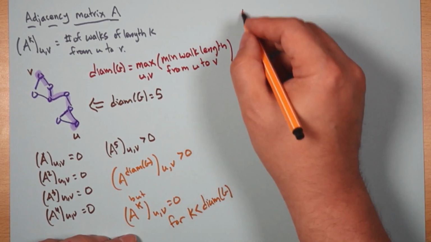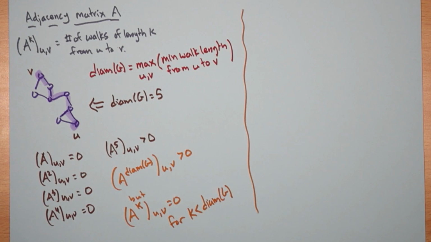Here I'm assuming u and v are maximally far apart. So in essence, it's like there's an on-off switch. We like on-off switches in math. That's really convenient for us.